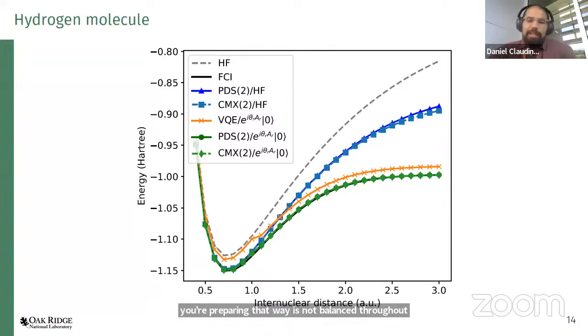And what's kind of interesting is if we use this quote unquote imperfect state and feed it into both PDS and CMX, even at such a low order, we are spot on. There's very little deviation from the ground state energy.